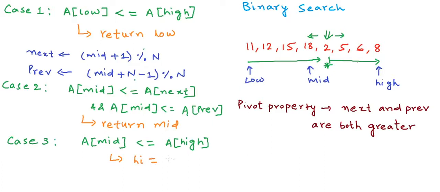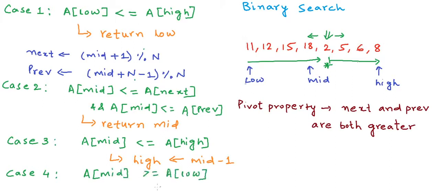So we will adjust high to mid minus 1. And case 4 would be when the mid element is greater than or equal to the element at the lowest index. Now in this case it is not possible that the pivot is in the left, so we will go and search in the right. So we will adjust low to mid plus 1.